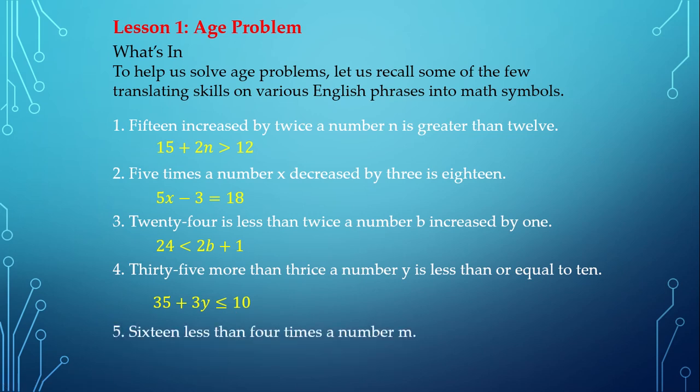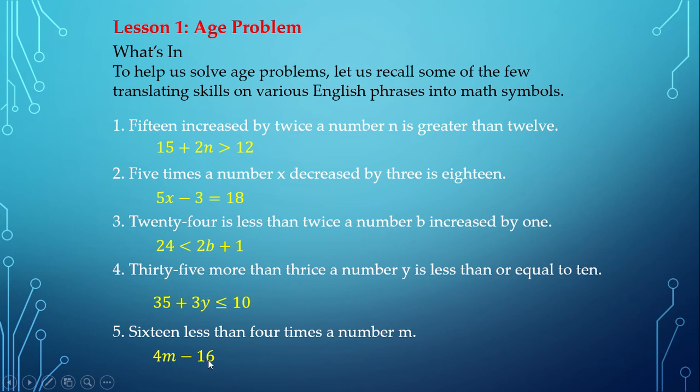Number 5: 16 less than 4 times a number m. Okay, this one, 16 less than is backward.